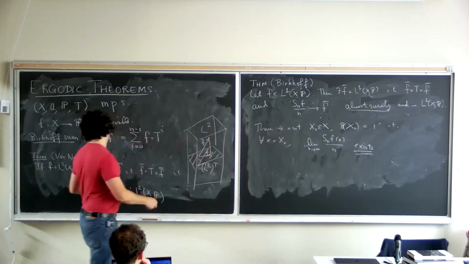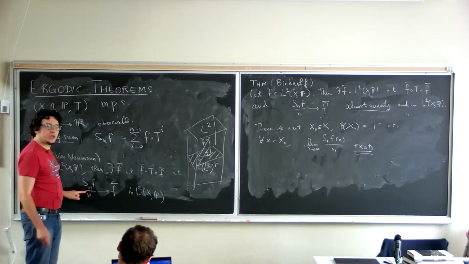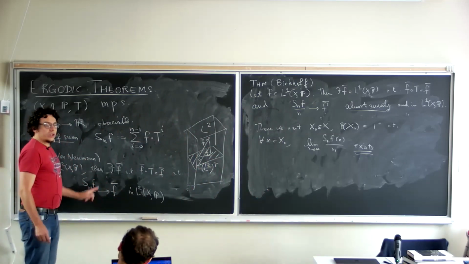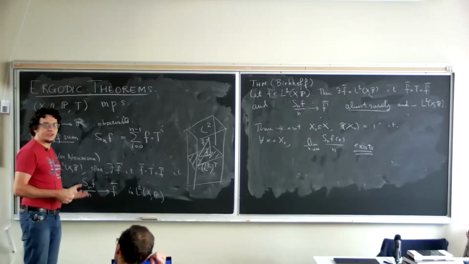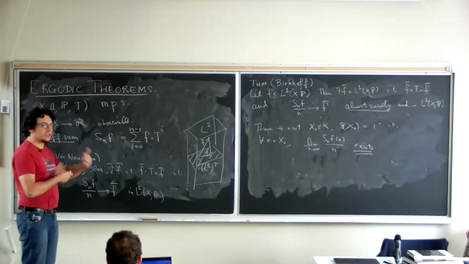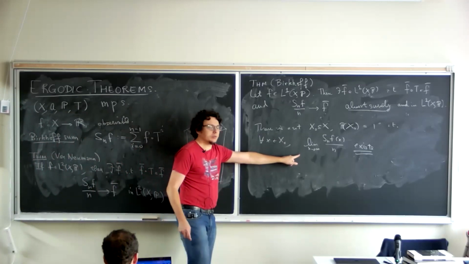In order to say that the convergence is in L2, you're taking the difference between this Birkhoff average and this function, and you take some integral of it. So there's some further space averaging procedure. Here there is no space averaging procedure.